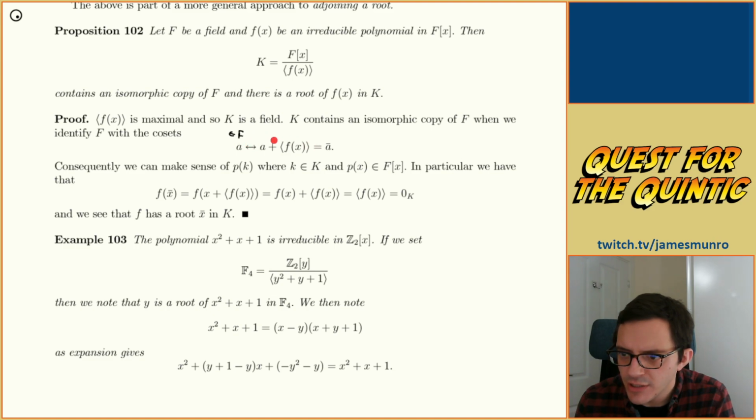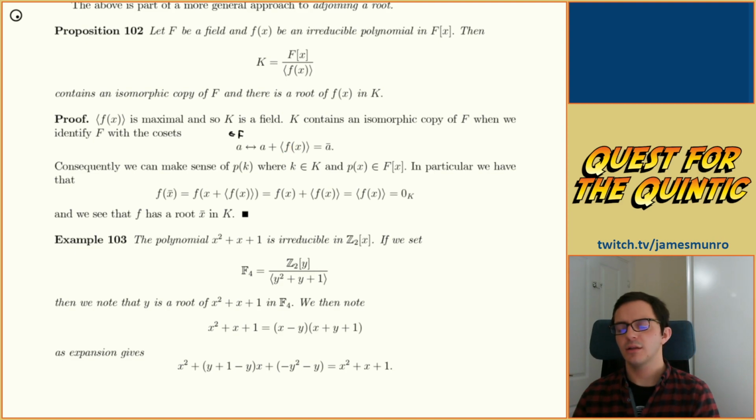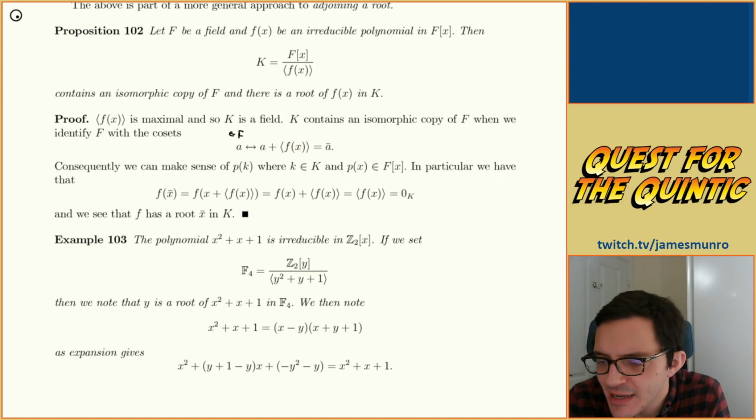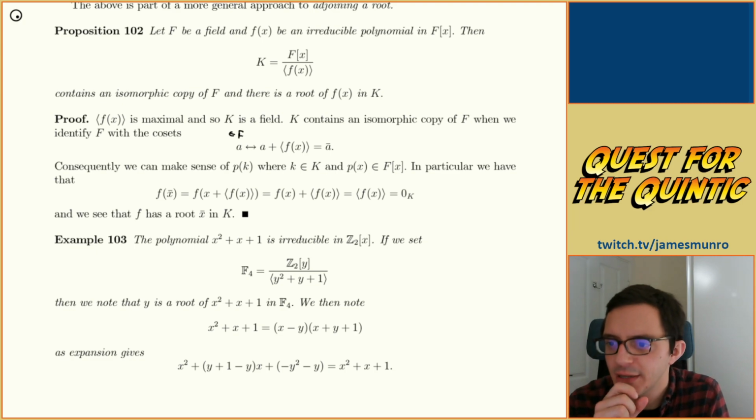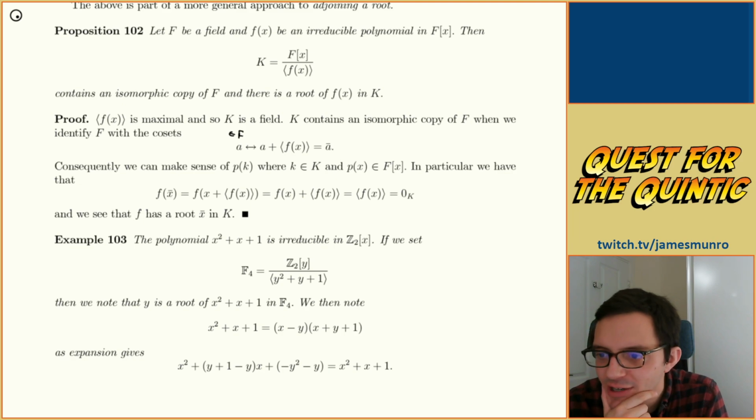Why can you identify these? Wouldn't these be all different depending on... wait, this is an ideal? There's no properties on a? Does a have anything to do with F? Maybe I need an example. a plus the ideal generated by f of x.